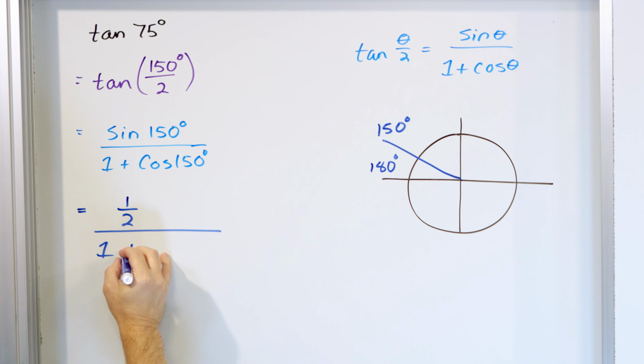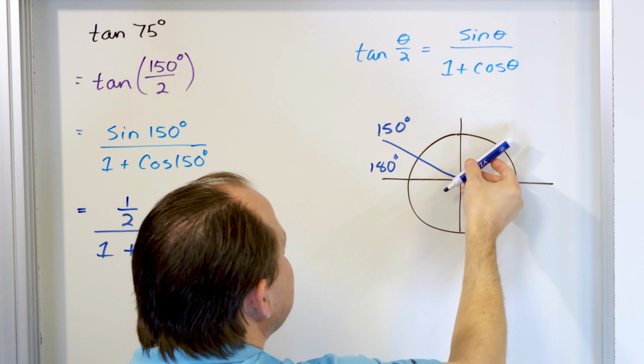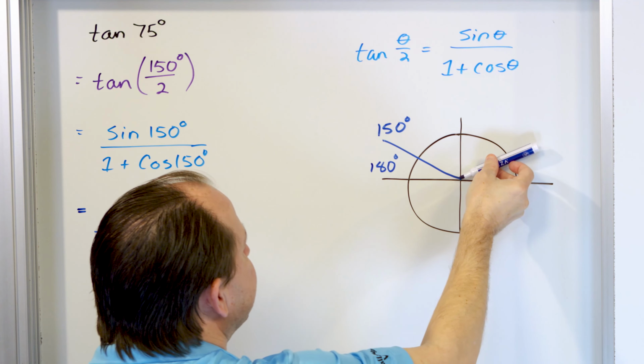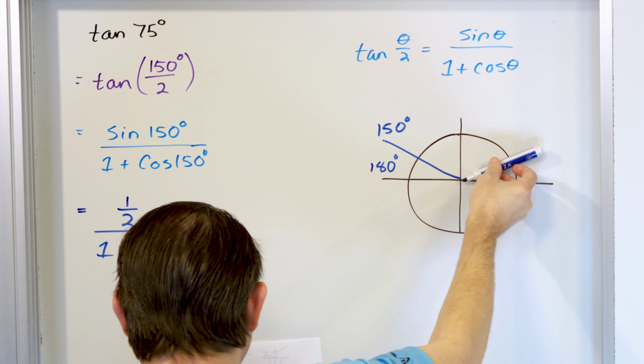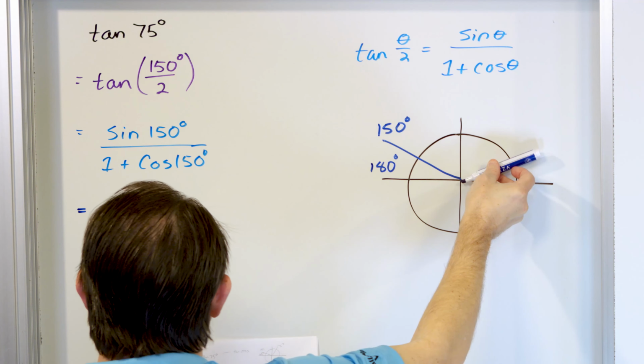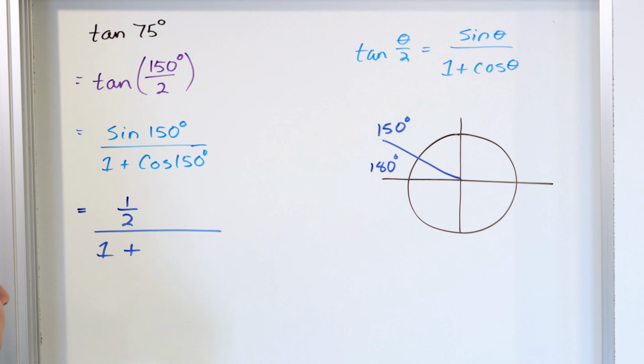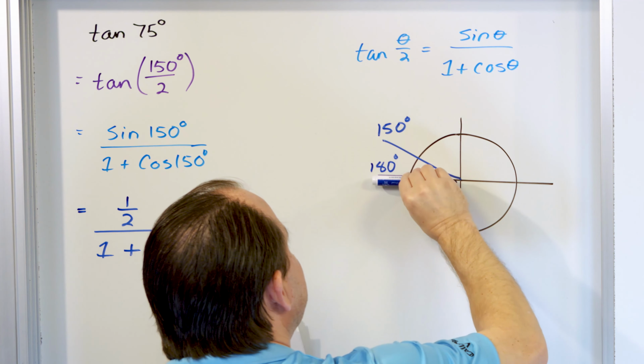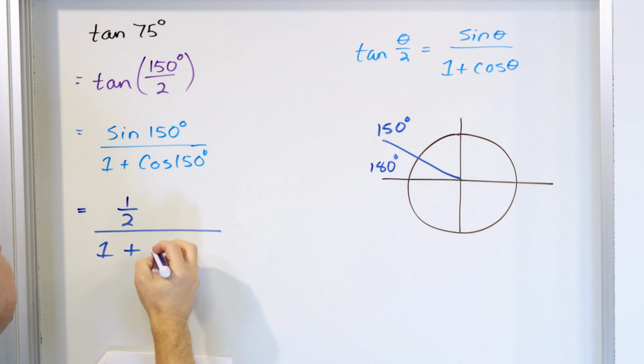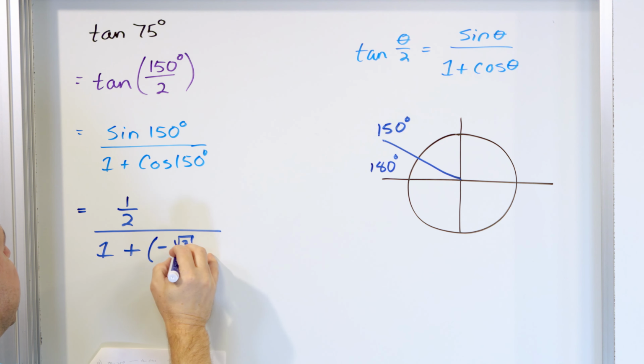And then you're going to have 1 plus the cosine of this. Normally, the cosine of 30 degrees is square root of 3 over 2. Right? Normally it's square root of 3 over 2. But because it's over here on the negative side, it's projecting to the negative x-axis. So it's actually negative square root of 3 over 2.